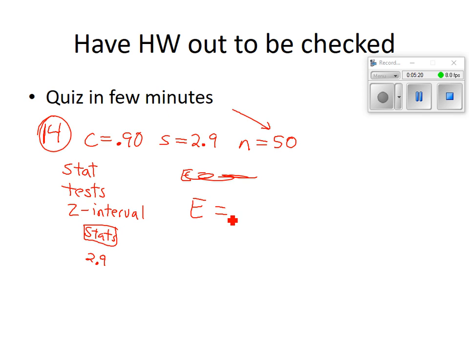Look up the formula for E. Is it E equals Z sub C times the standard deviation S over the square root of N? Yeah. So this time that's all they want, just the margin of error. I thought they wanted the interval. So you can plug all that in.